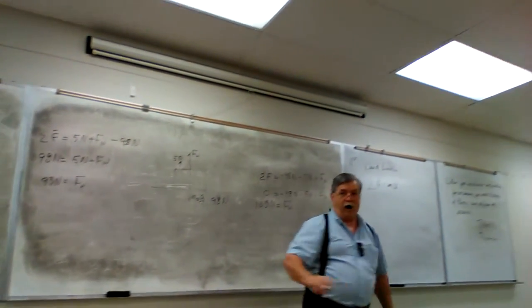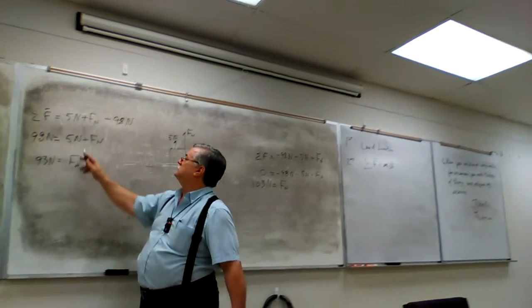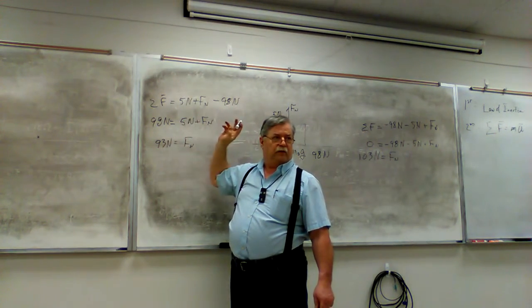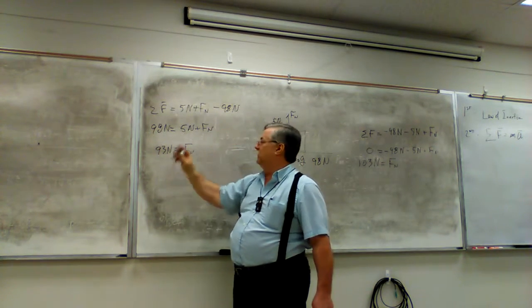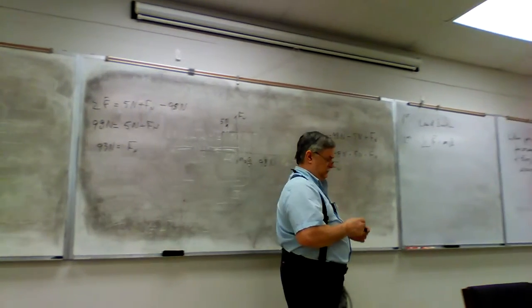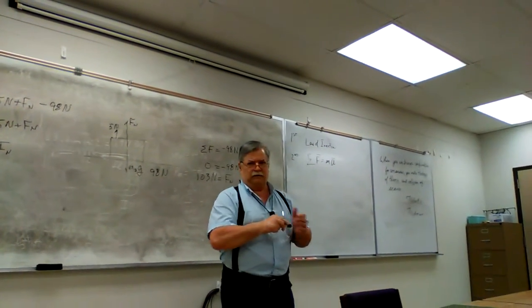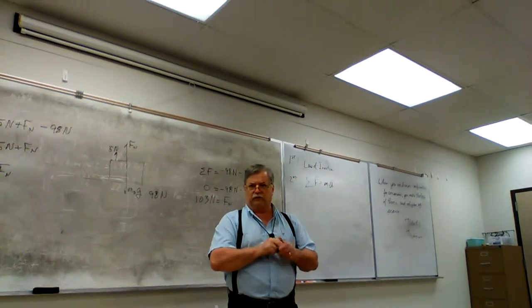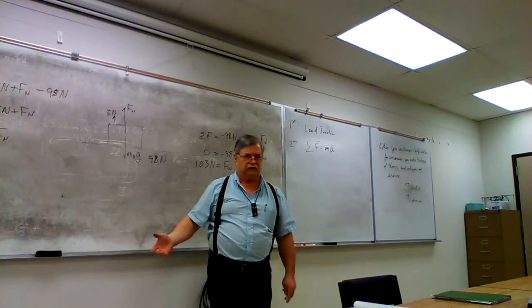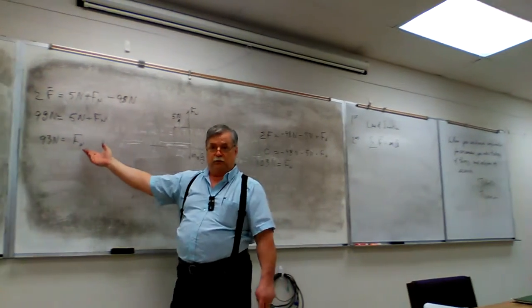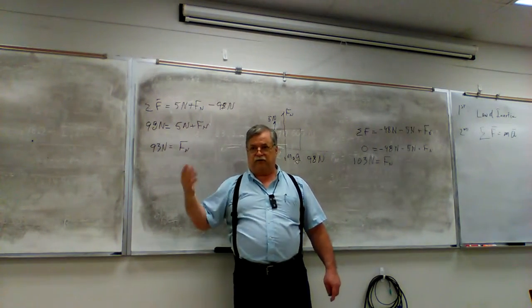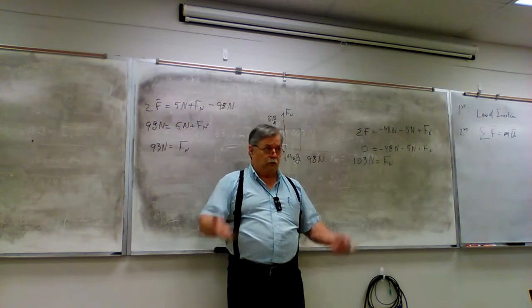But if you lift hard enough, if you lift with more force than the weight of the box, then this normal force would become negative. Only it's a reactionary force. It can't be negative, which means any excess force that you produce would equal the mass times acceleration, and the box would at that point lift.